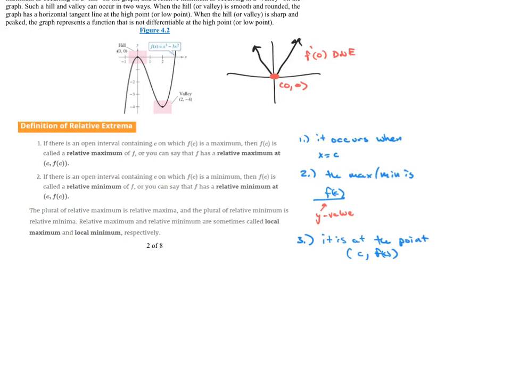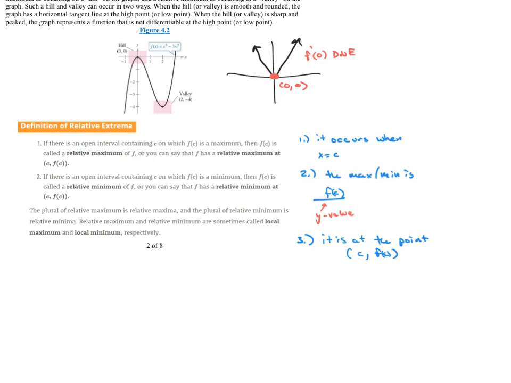When we're talking about a business, for instance, maybe x is the number of shirts and the y value is my revenue. If I want to maximize my revenue, I might want to know each one of these things individually. I might want to know the x value, which would be the number of shirts I need to produce, and I also might want to know the y value, which would be the maximum revenue that I could make. So each one of these things has individual meaning, and you need to understand what the question is asking.